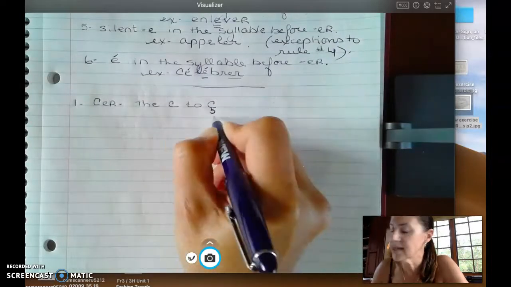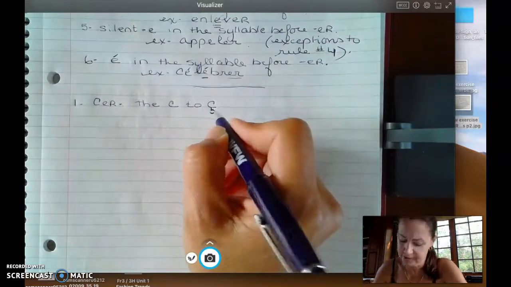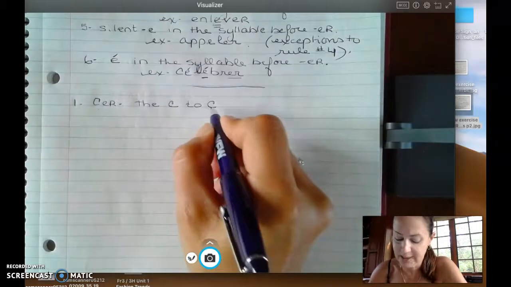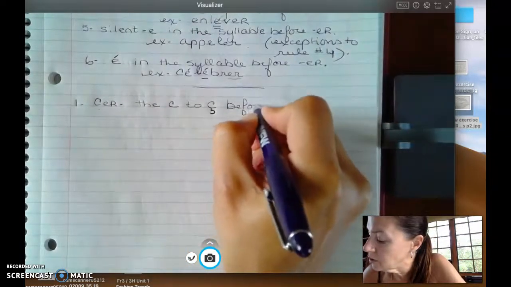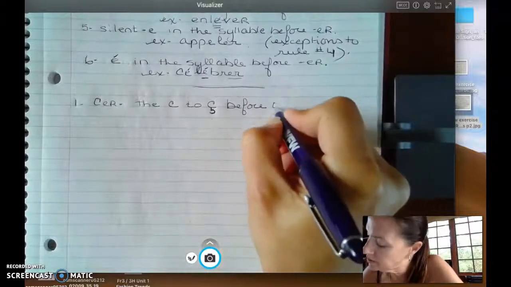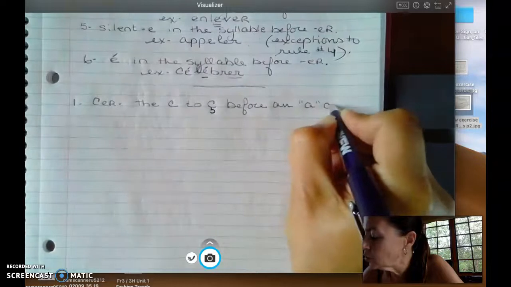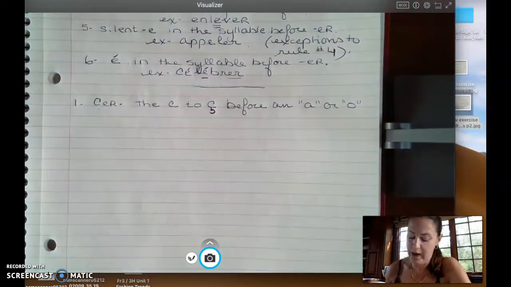Remember, this is like the beheaded 5. It looks like the number 5 and you take its head off. So change a C to a C cedilla before an A or an O.